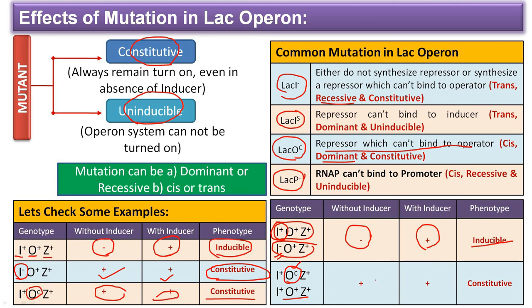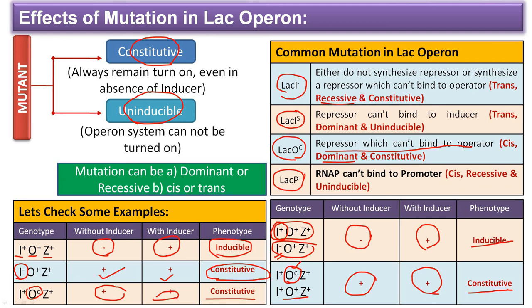The operon will remain turned on in absence of lactose also, in presence of lactose also. So this will behave like a constitutive operon system, because here the operator site is mutated and the repressor protein will not be able to bind to the operator site, and thus the RNA polymerase can pass over the operator site to the structural genes to perform their transcription, always, even in absence of lactose.